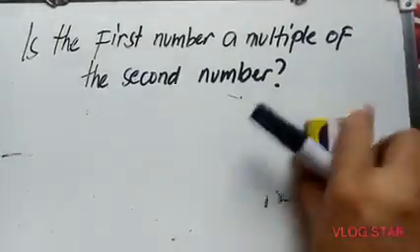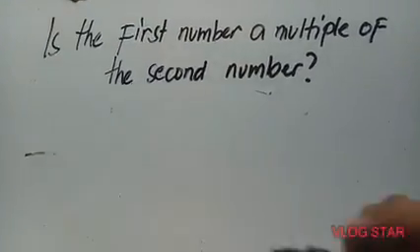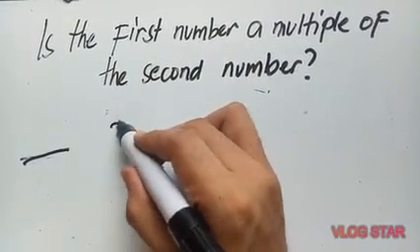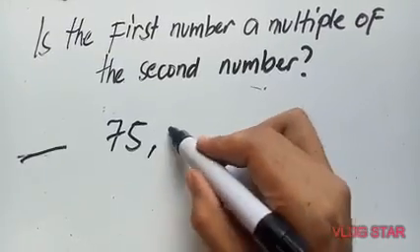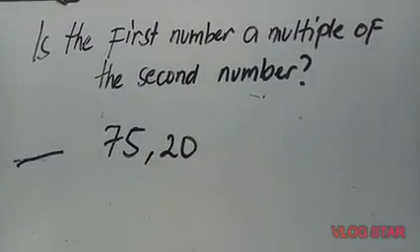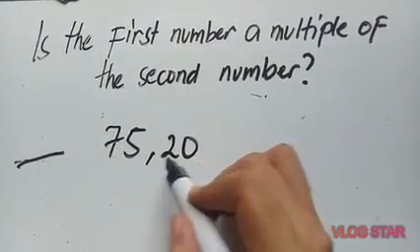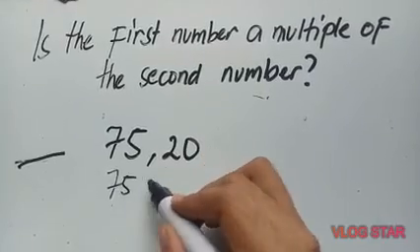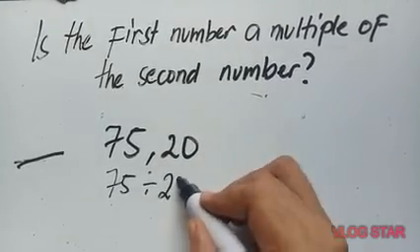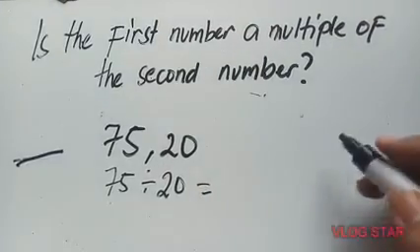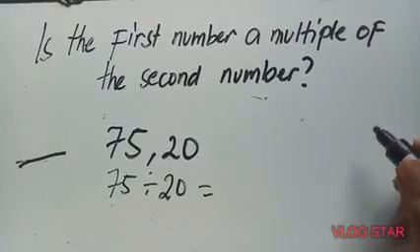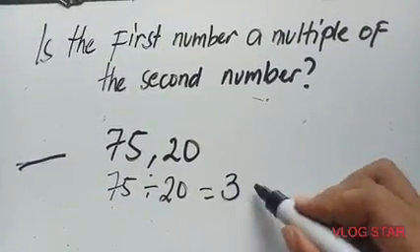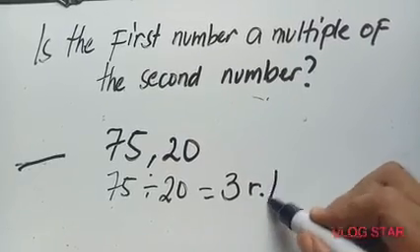So next example is 75 and 20. Is 75 a multiple of 20? So let's divide. 75 divided by 20, the answer is 3, remainder 15.